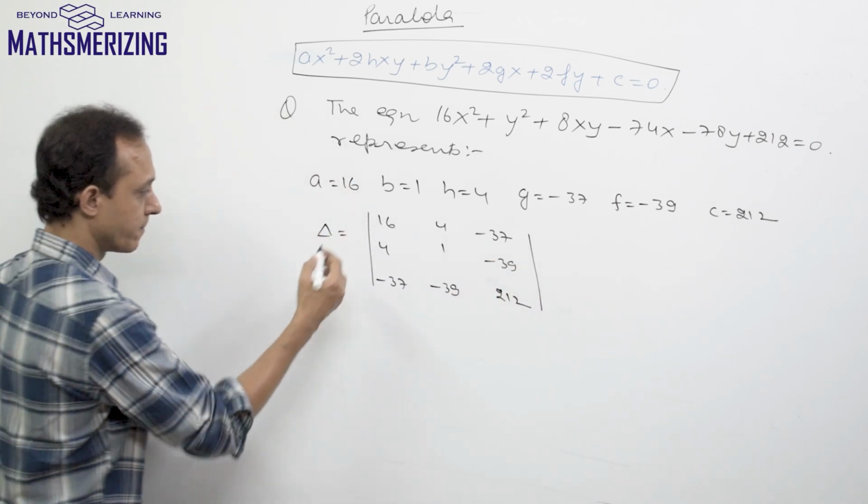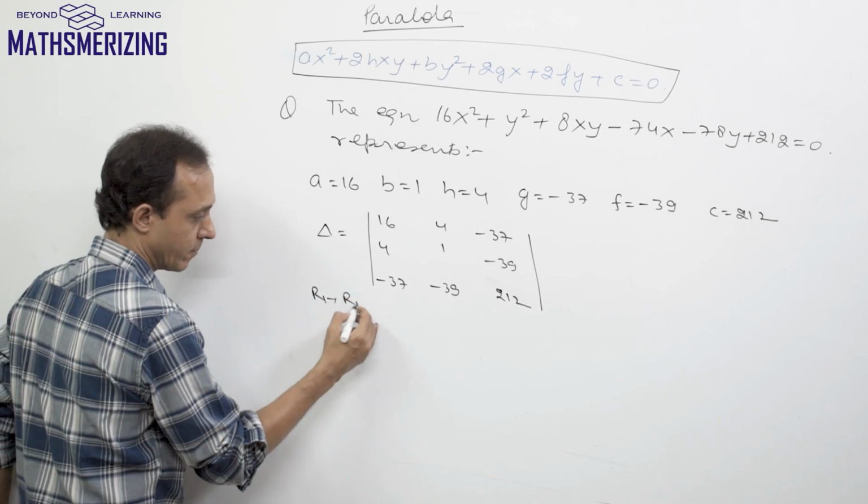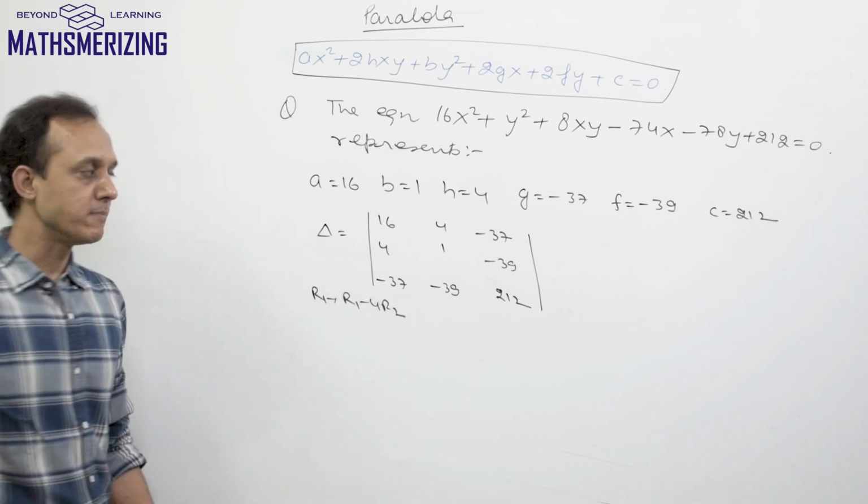Now I'll write R1 as R1 minus 4 times R2.